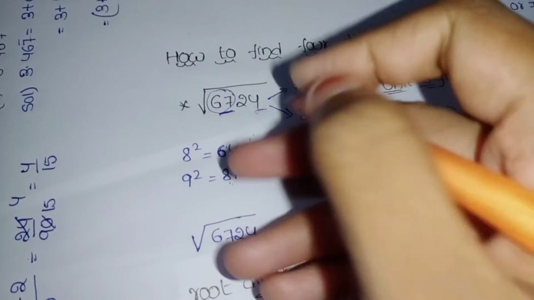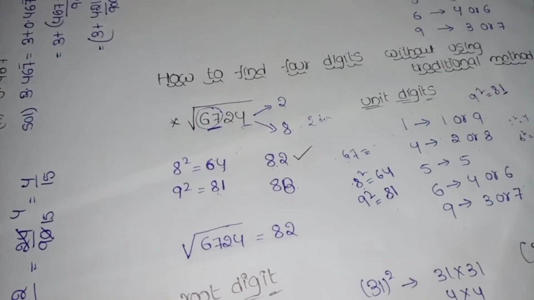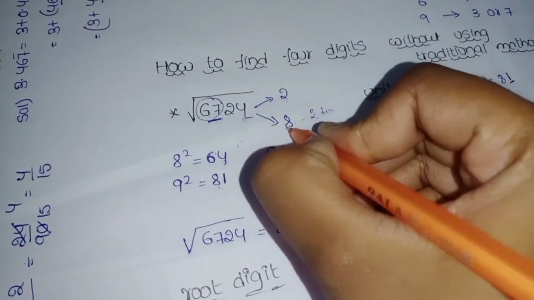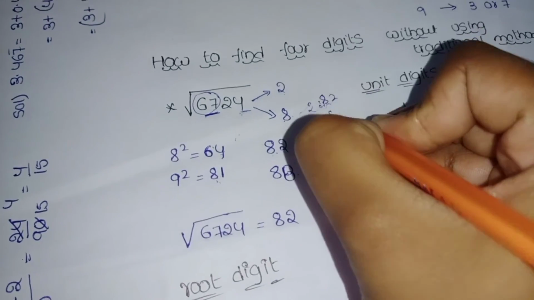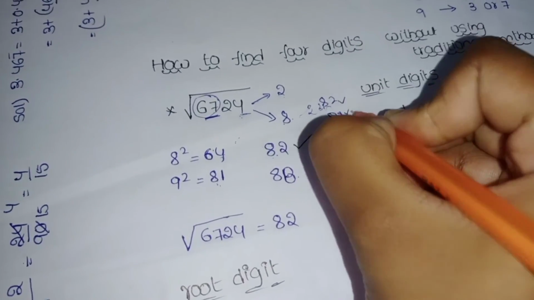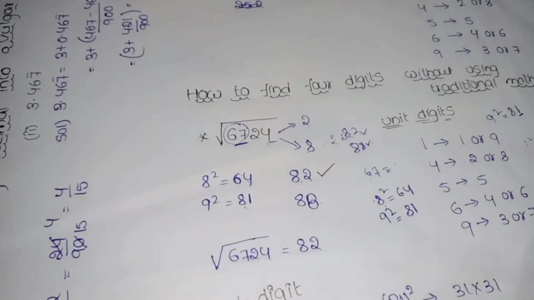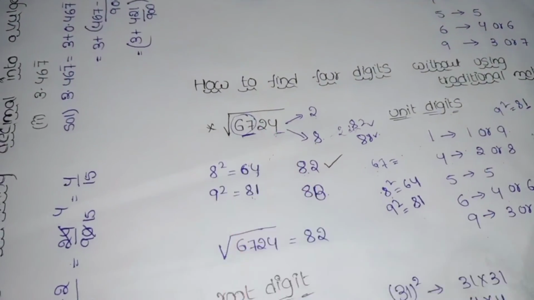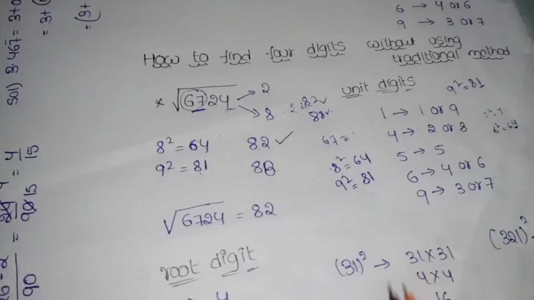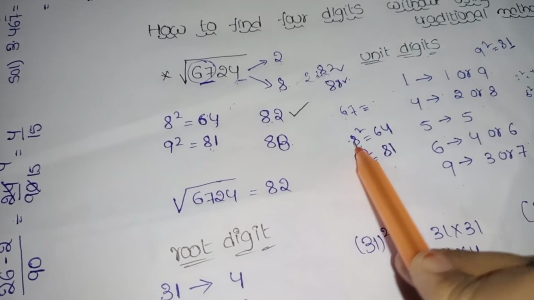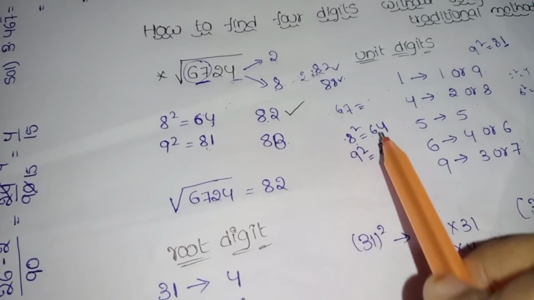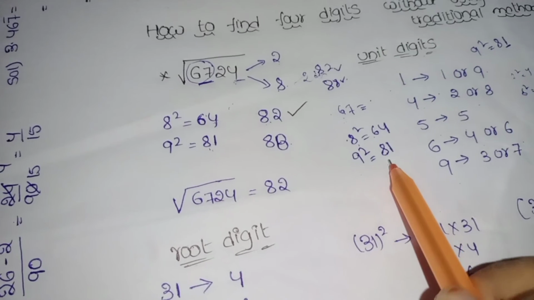But here I am having 2 types of unit digits. One is 2 and another one is 8. So I am getting 82 or 88. Which is the right answer to this number? Now we have to find. 8 square is 64, which is near to 67. 9 square is 81.